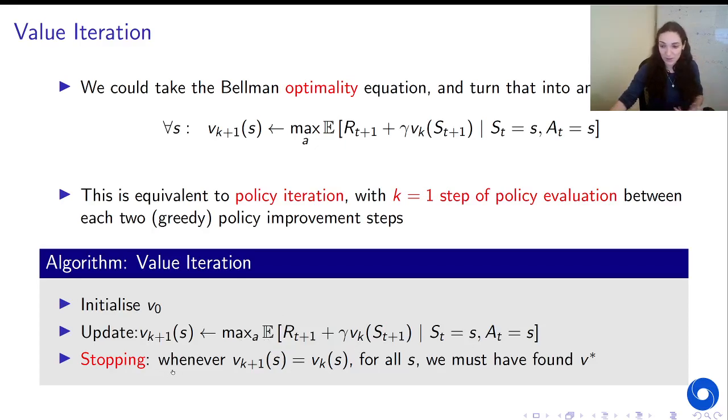The stopping criterion is as before: whenever v_{k+1} and v_k reach the same value, so the value doesn't change, that means in particular that v_k obeys the Bellman optimality equation, and by definition that means that we have found v star.